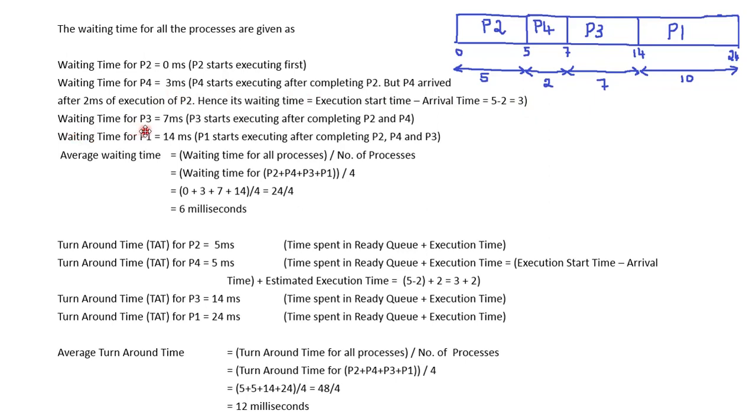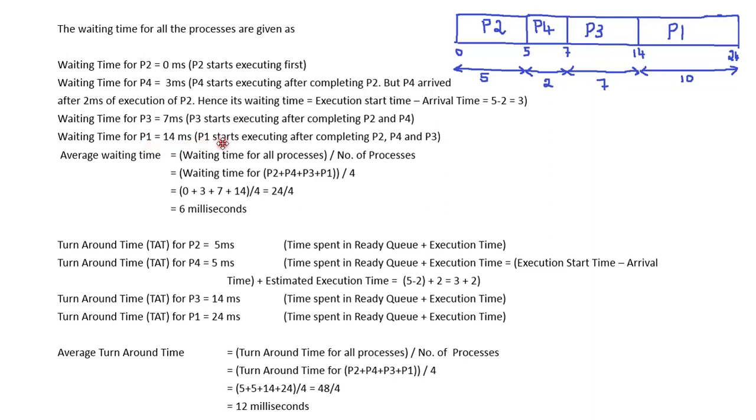Waiting time for process P3 is 7 millisecond, right? P3 starts executing after completing P2 and P4, so 5 plus 2, the execution time of P2 and P4, is 7. So 7 is the waiting time for P3. Waiting time for P1 is equal to 14 millisecond.